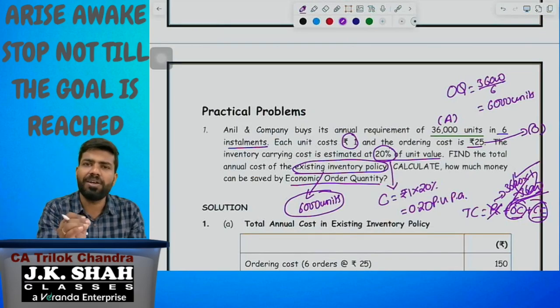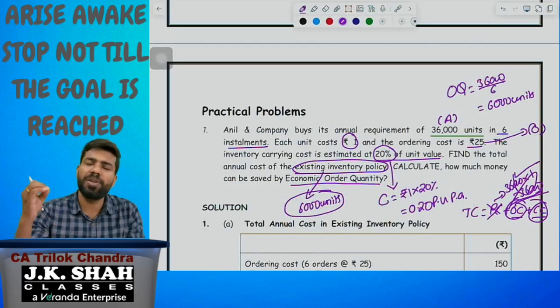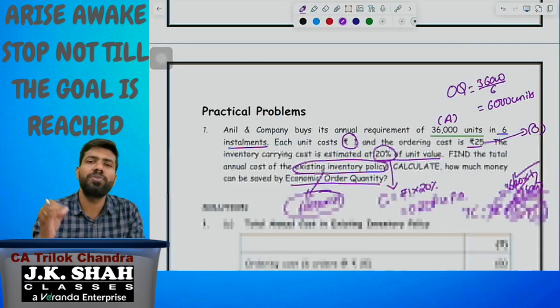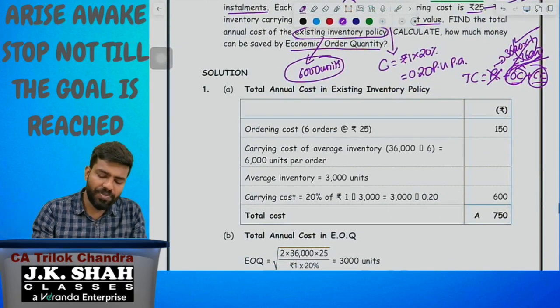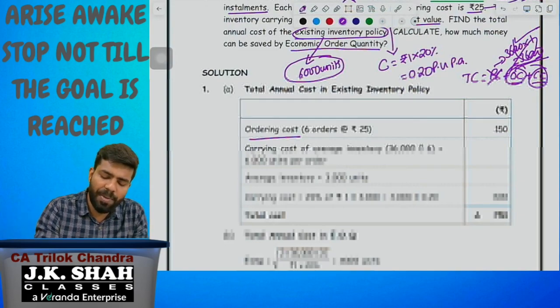How to calculate ordering cost? Number of orders into ordering cost per order, that is A divided by OQ into O. How to calculate carrying cost? Average stock into carrying cost per unit per annum, that is half of OQ into C. Let us do the first one, ordering cost. How many orders? 6 orders. Or else you can write the formula first.